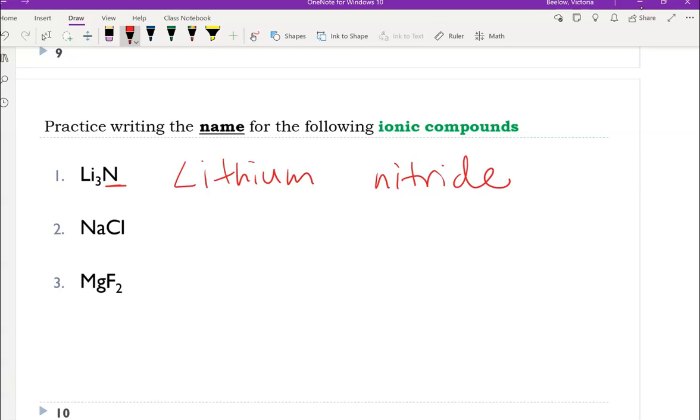NaCl. Na is sodium on the periodic table. Cl, that is chlorine, and we're going to change that to chloride. Magnesium is Mg.